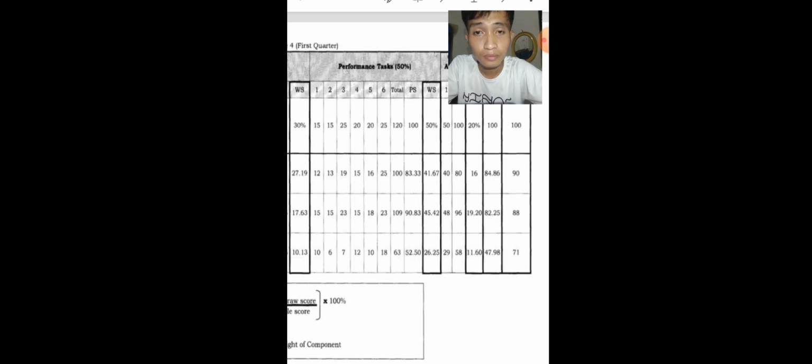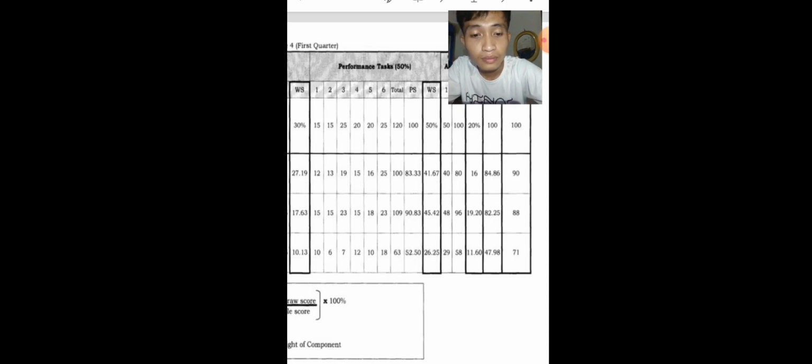53, then we multiply it to 100, so we got 83.33. So learner B got 109 total raw scores. Then we divide it to the highest possible score, the 120.